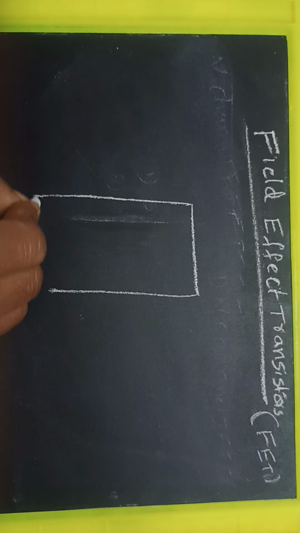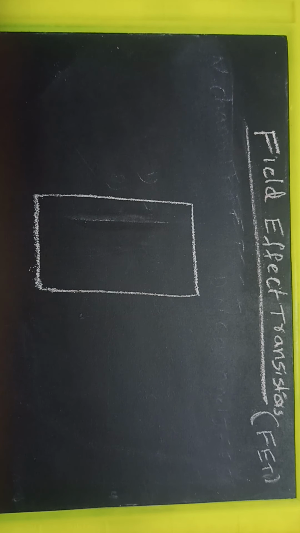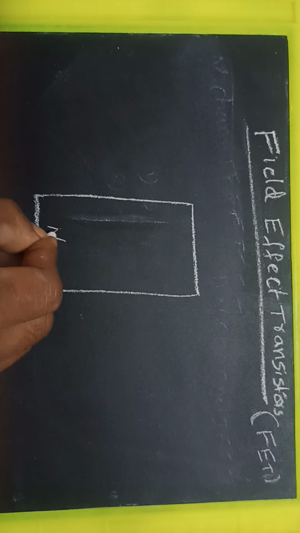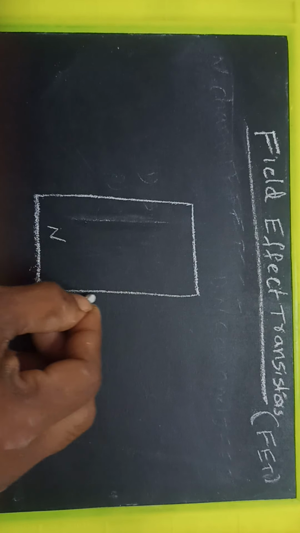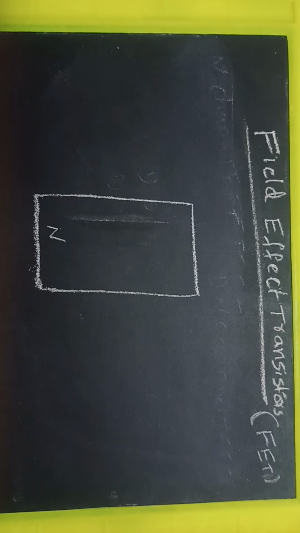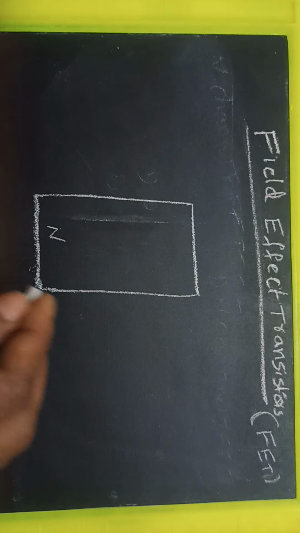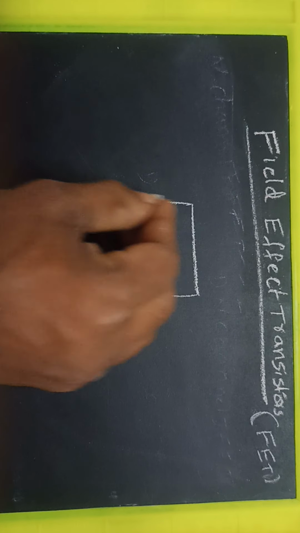The base material taken is N-type semiconductor, which is why this is known as an N channel field effect transistor. For the operation and construction, first we have to take the N-type semiconductor.